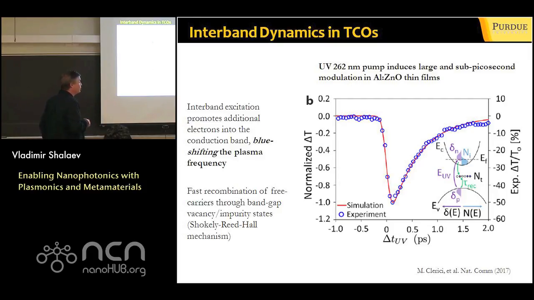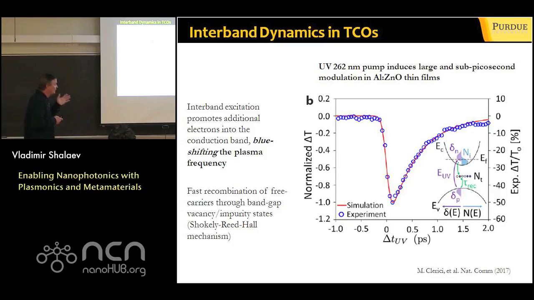And actually, it's very unusual for semiconductors to have such a fast nonlinear response. What we believe happens in this case is a fast recombination of free carriers through these band gap vacancies sitting here between the valence and conduction band. It's because of these impurity states, like vacancies. And that's related to the so-called Shockley-Read-Hall mechanism.